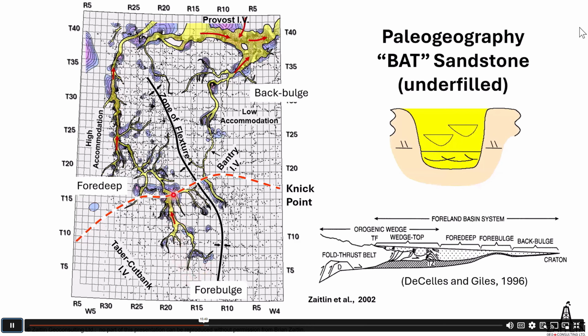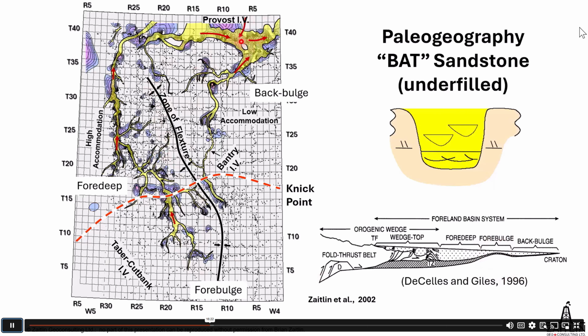You can also see that there's a major shift across this dashed line in terms of the orientation of the trunk river system. You can see that there's a break in this position here, which we call the zone of flexure, and that the paleo drainage on the other side of that is actually going away from this topographic high, this zone of flexure. So there's two different drainages. This zone of flexure represents the forebulge.